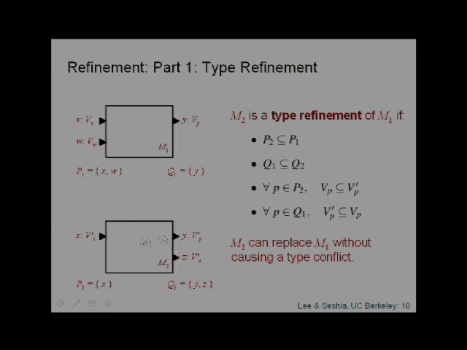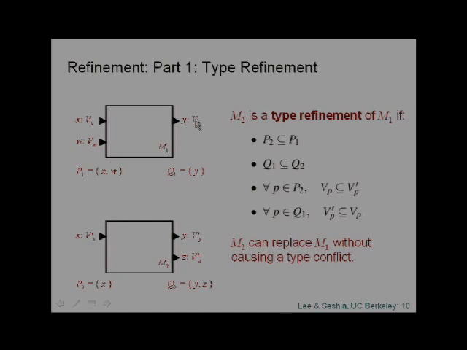And let's say, for simplicity, vy is an integer, and v prime y is also an integer, okay, and the inputs are also integer values. Then from a type viewpoint, it's fine to substitute M2 for M1, okay? It doesn't have the same functionality, exactly.